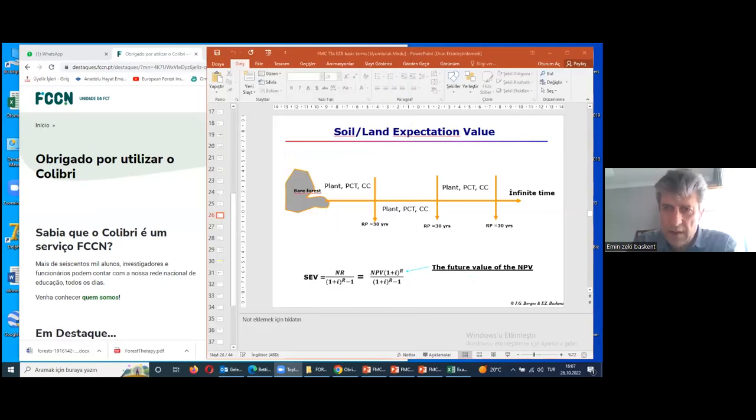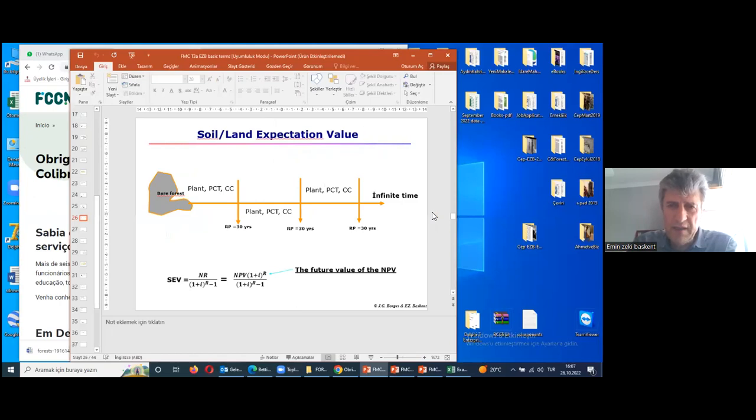Remember that we were talking about the financial criteria this week on Monday. We have been talking a lot about net present value and soil expectation value because they are the most often used financial criteria at stand level management as well as at forest level management, which we will concentrate on in the other course, forest resource management.